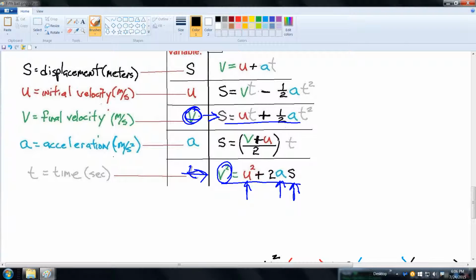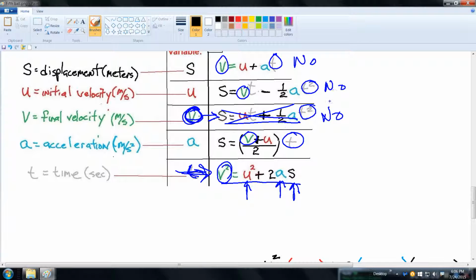Remember, this equation doesn't have the letter to the left of it. So we're solving for v, and v's not in there, so that's a big no. And the other equations have t in them, and we've also got v in those equations. So we've got 2 unknown variables, so we can't use those other equations either.